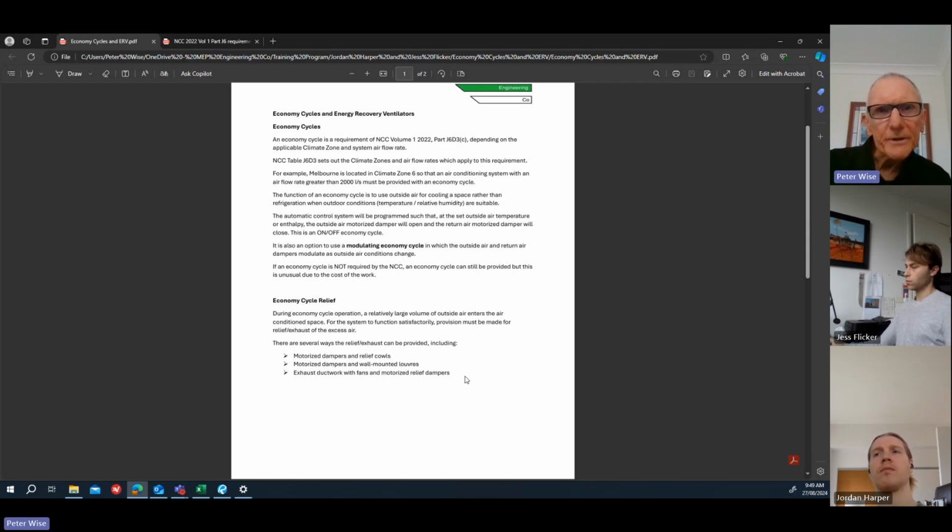And they're actually doing a calculation to work out what is the enthalpy of the air inside and what is it outside. And so that's in theory an even more energy efficient way of doing it. If the outside air enthalpy is less than inside, then use outside air until the enthalpy is greater outside than it is inside.